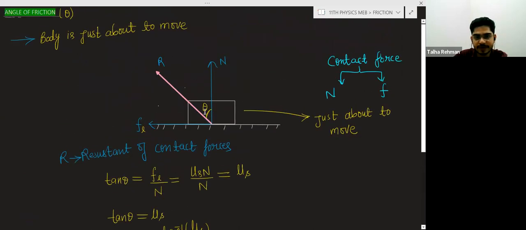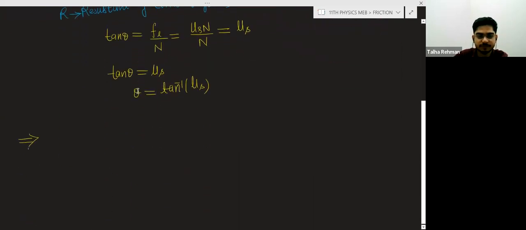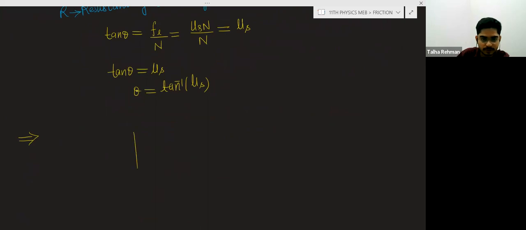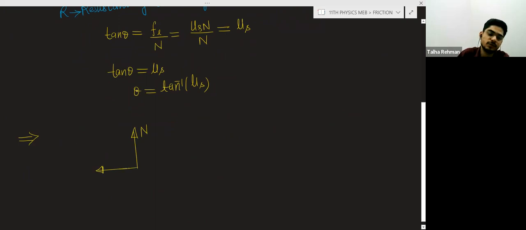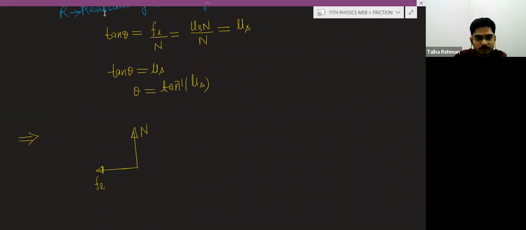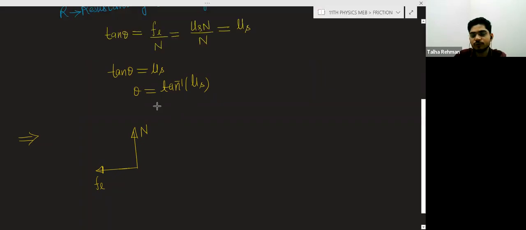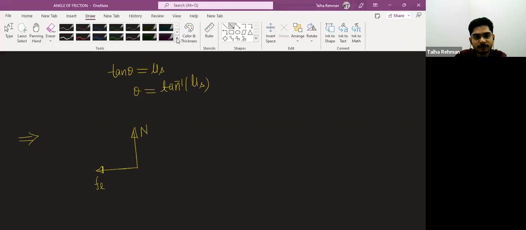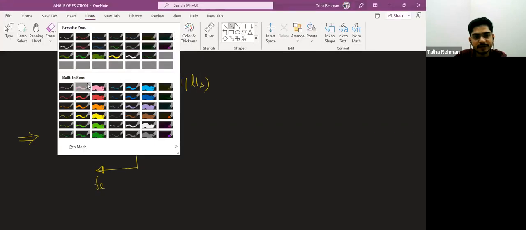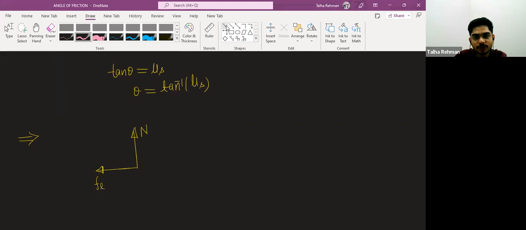See this diagram, normal reaction R and FL. This is your normal reaction. This is your limiting friction force. And what I told you to find the resultant: complete the parallelogram.